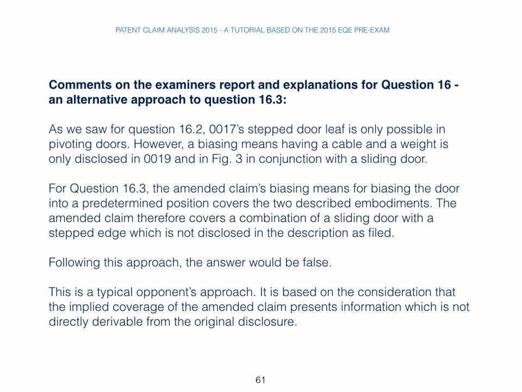This claim in its amended combination does not directly disclose any specific predetermined position, which indicates that the alternative approach is probably wrong. Next, we consider a new situation for questions 17 to 20.